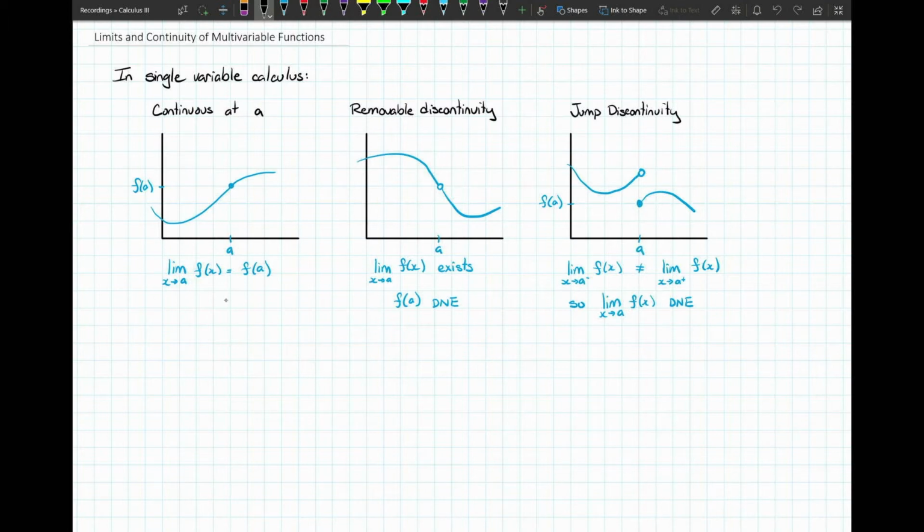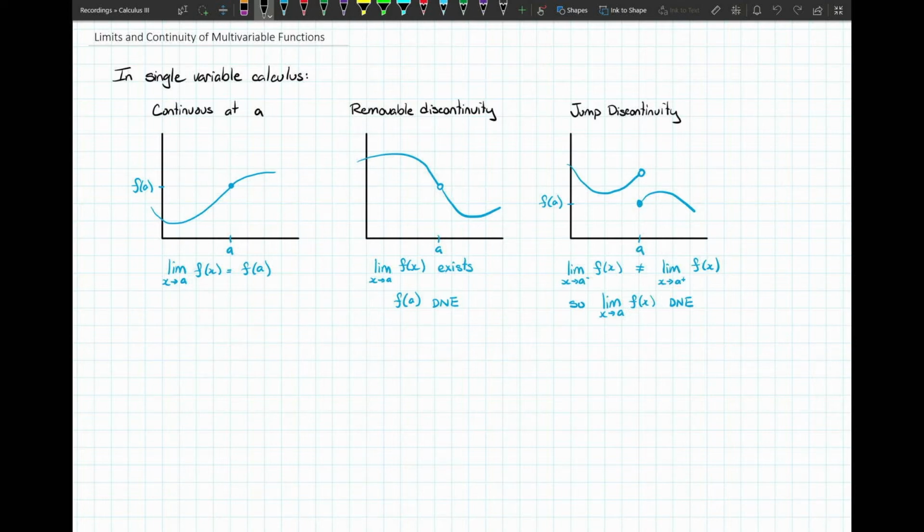So it doesn't satisfy the equation for continuity at that point a because the right-hand side, f of a, is an undefined value. It'd be really easy to correct that by defining f of a as the value of that limit, and that's why we call it a removable discontinuity.